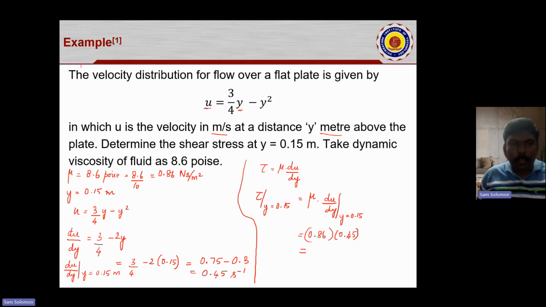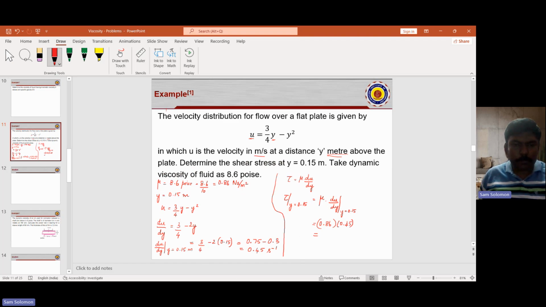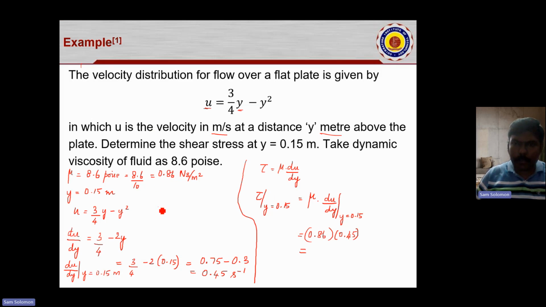So let me use the calculator again. 0.86 into 0.45, that is 0.387. So this guy over here is 0.387 Newton per meter squared. So that is the value of the shear stress at the mentioned distance of 0.15 meters.